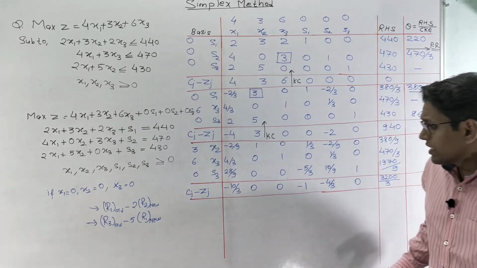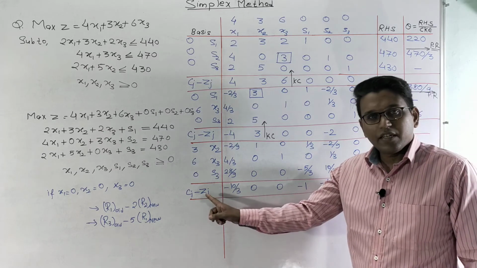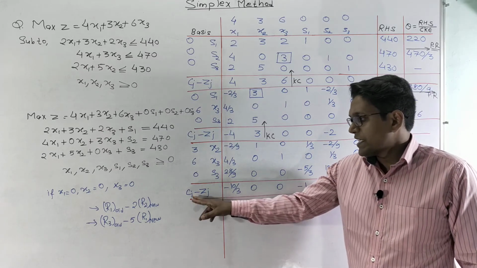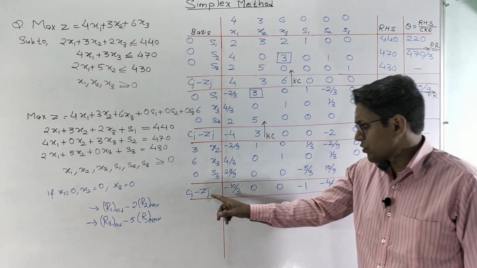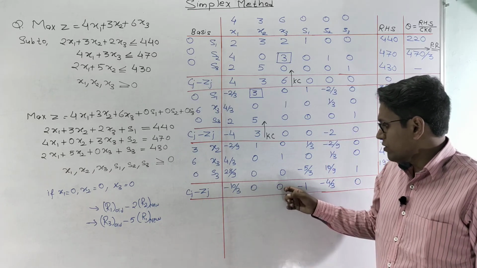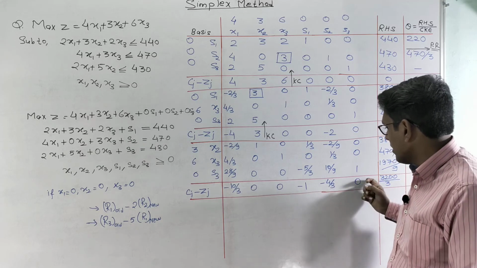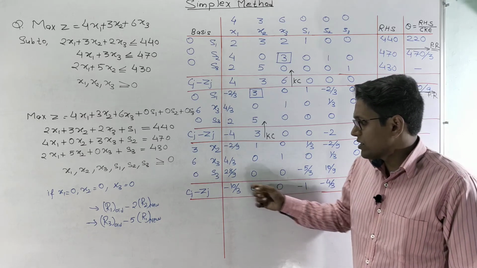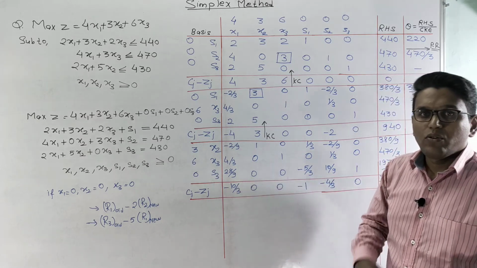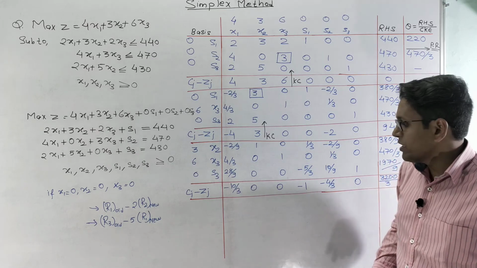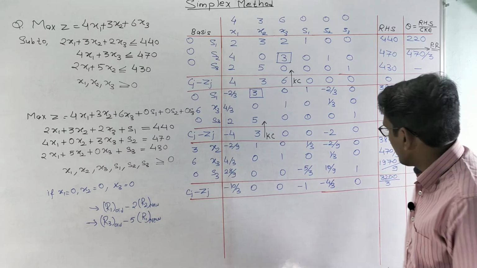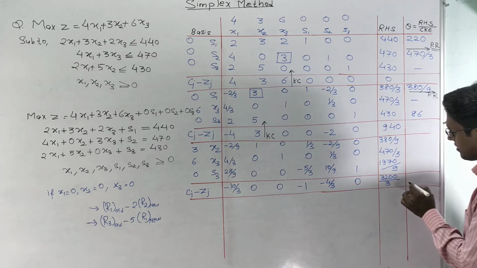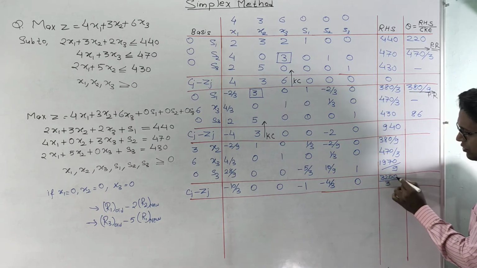Now we can see that in the Cj minus Zj column, or I will say net evaluation row, all the values are either 0 or negative. This shows that this problem has no scope of further improvement, and we will terminate our simplex algorithm here with Z max as 3200 by 3.